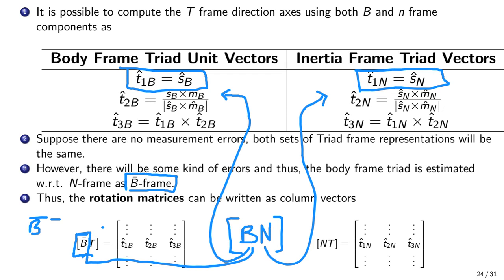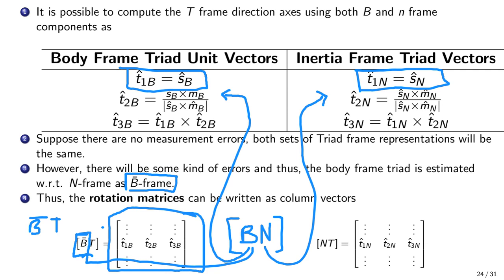What's this? Bar. Yeah, B bar T. So this matrix, if you want to visualize it in MATLAB, is a column vector. All right. And the other matrix is also a column vector.